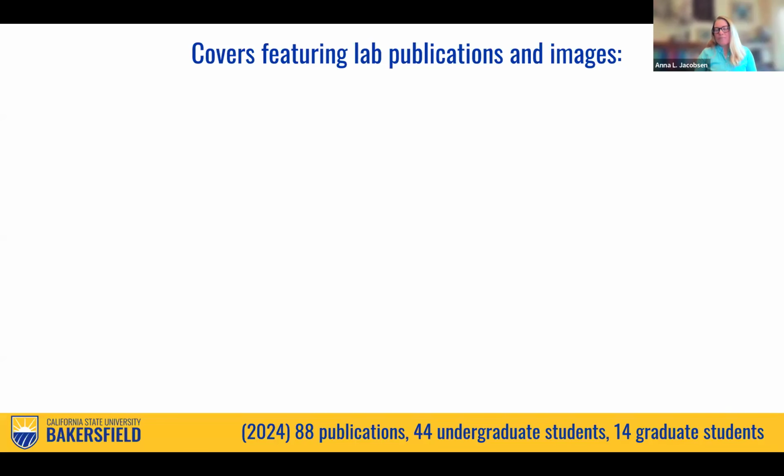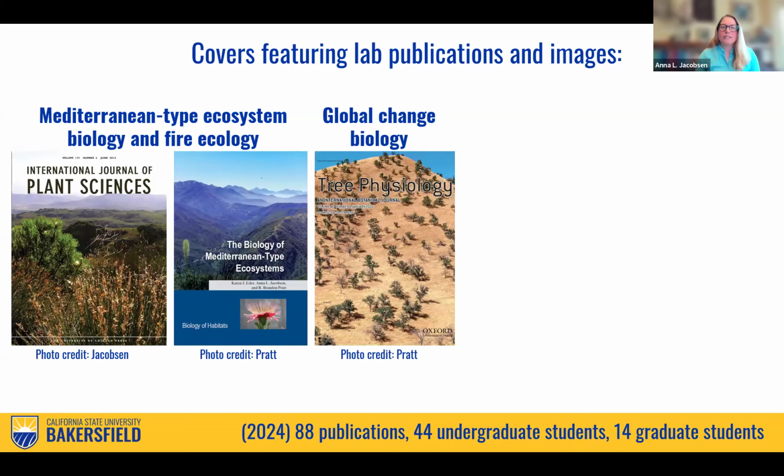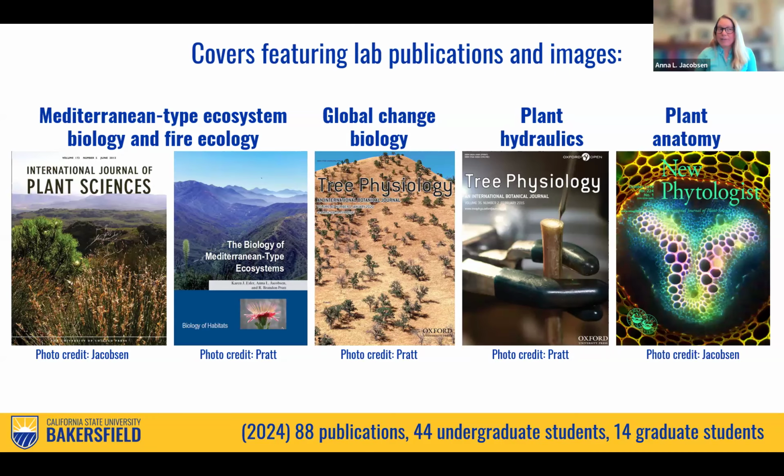So for those of you who may or may not be familiar with my research, I'm going to do a one-slide overview before we move on. In my lab, we do research on several different topics, and it includes Mediterranean-type ecosystem biology and fire ecology, global change biology, plant hydraulics, which is looking at how plants use water and respond to drought and water stress, and plant anatomy.